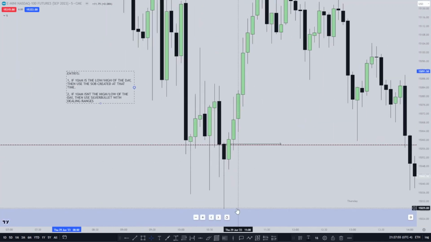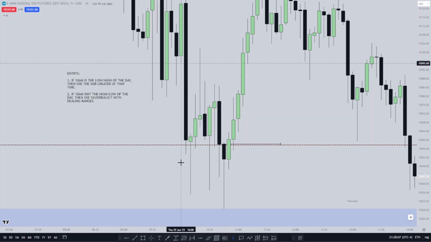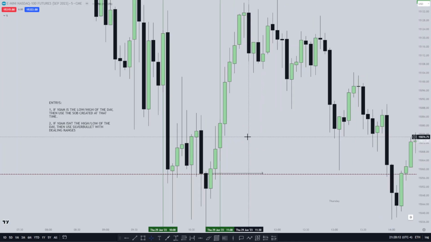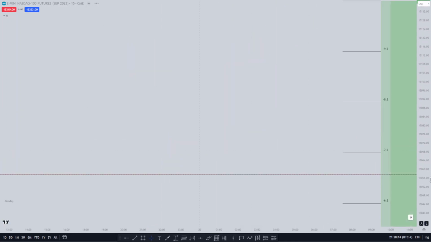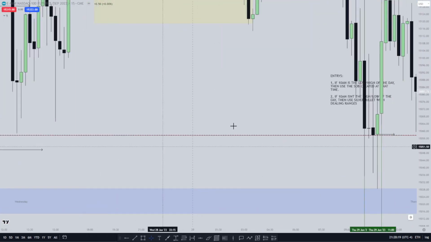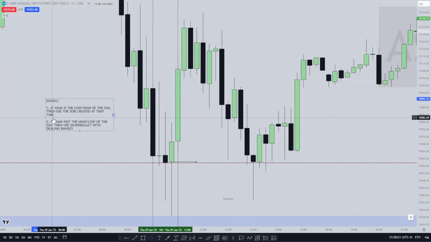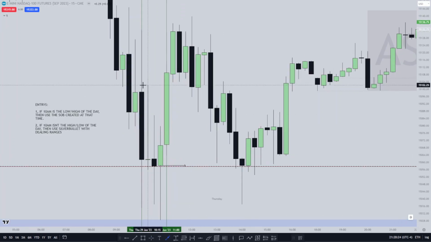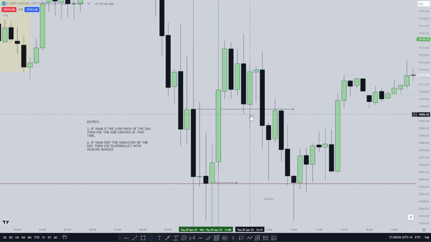So after this is made, what time do we enter? We enter at 10:15. This entry at 10:15 is basically the only place we would enter from 10 to 11. I don't care, even on the 15-minute time frame. I couldn't care less if price came down and gave an entry at 12.